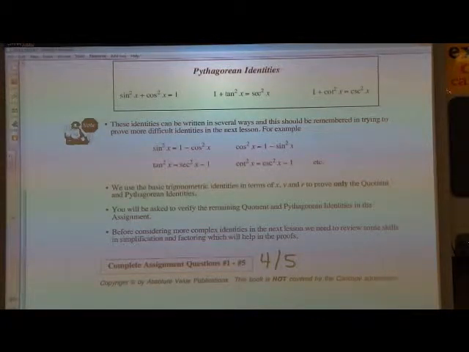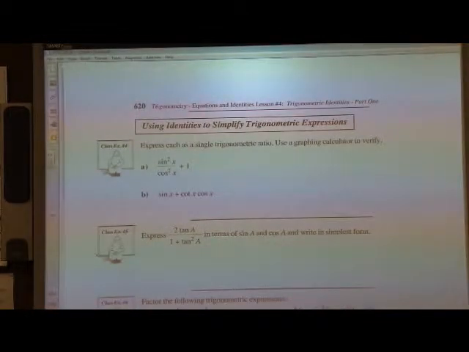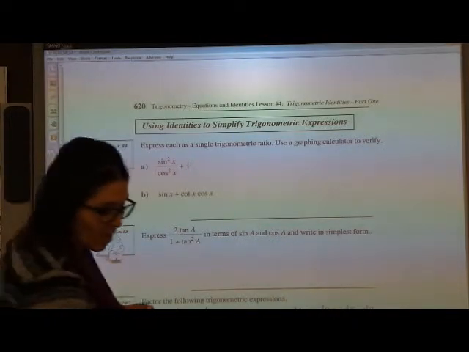So you're going to prove 1A instead of verify, prove 1B, and prove the identity in question 2. We are going to use the identities on the previous page to prove or simplify trigonometric expressions.